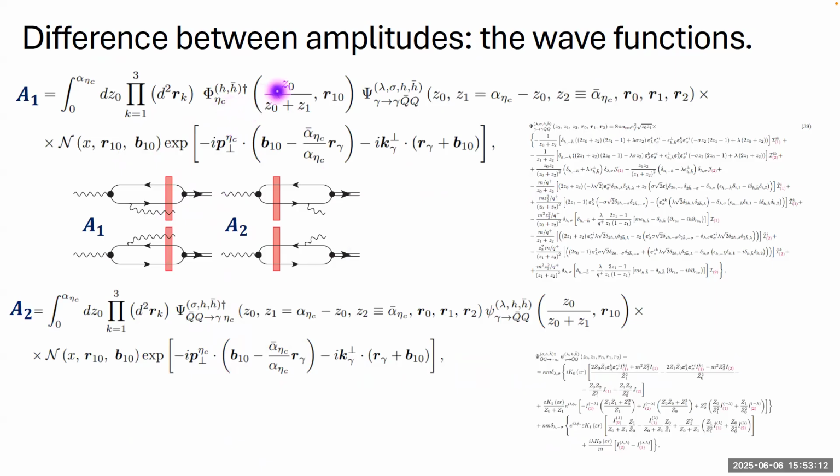You can find this, but we have to calculate this new wave function that comes from this photon that produces this fermion here and the emitted gluon, where lambda and sigma are the helicities of the incoming and produced photon.